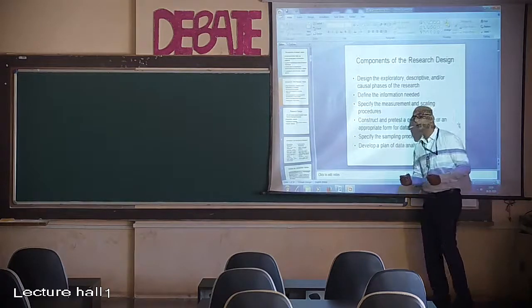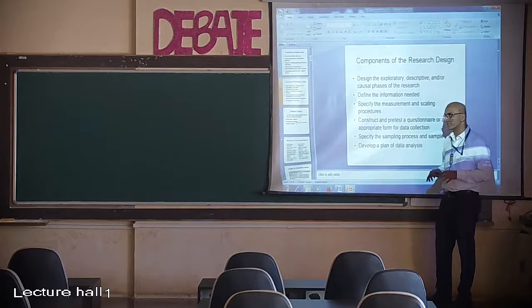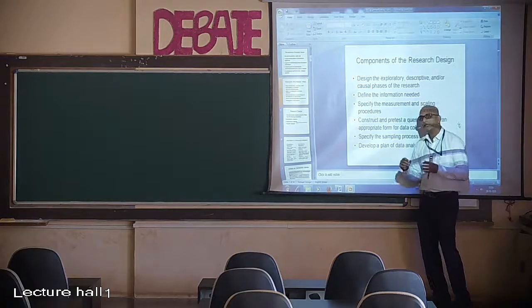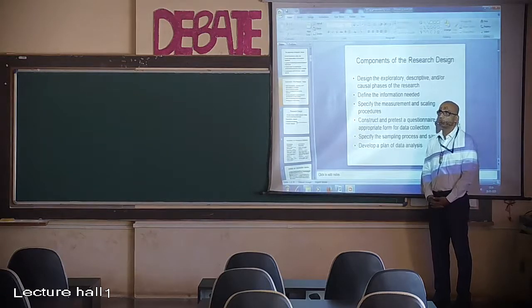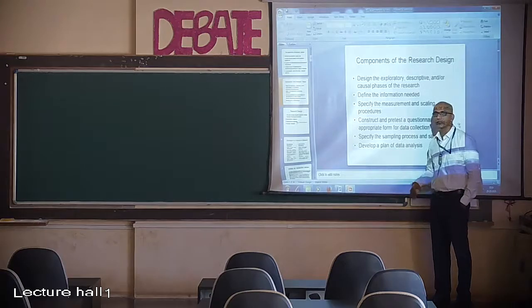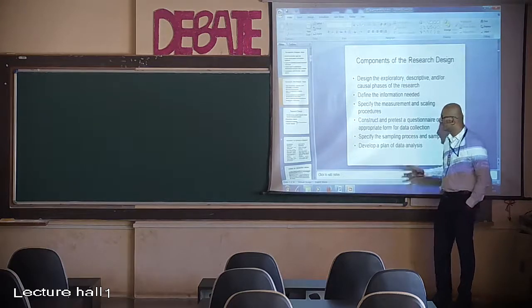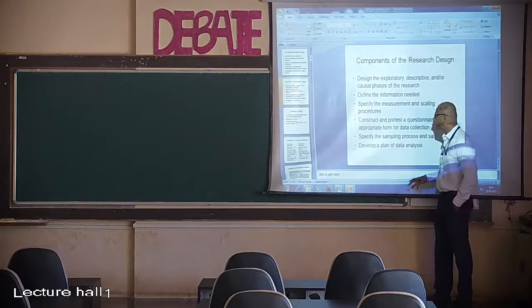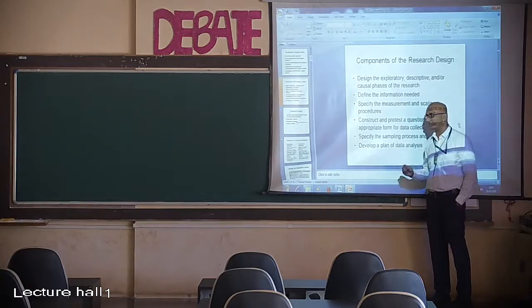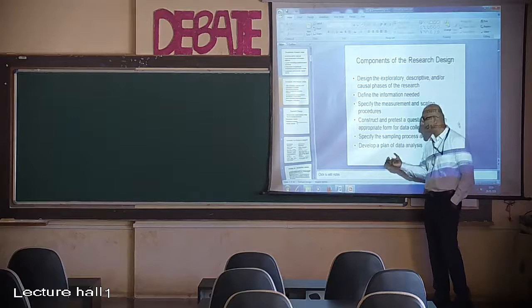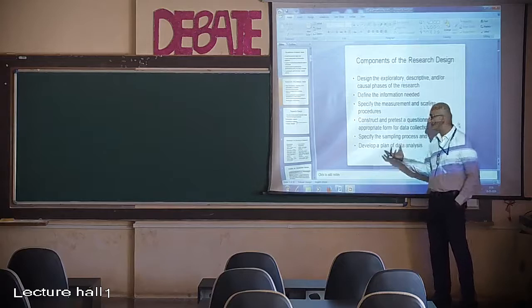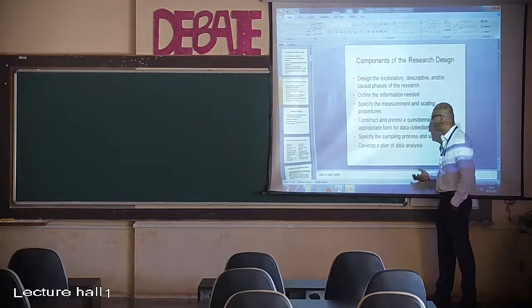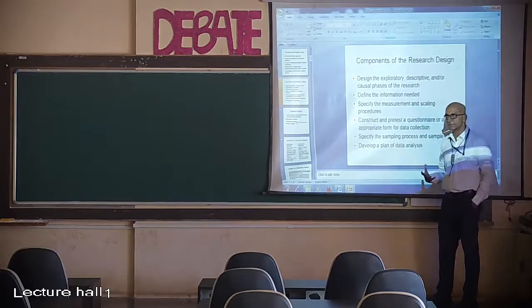Then, going forward, we try to understand what are the different objectives. And then third one, we try to figure out what should be my sample size. What should be my sampling process? We try to understand that. And we try to collect different types of data, like primary data and secondary data, and what are the plans for the secondary data collection, what are the plans for the primary data collection, and how we are going to do research analysis.